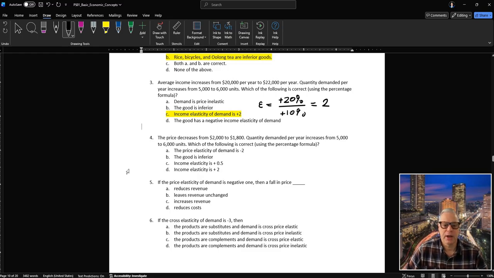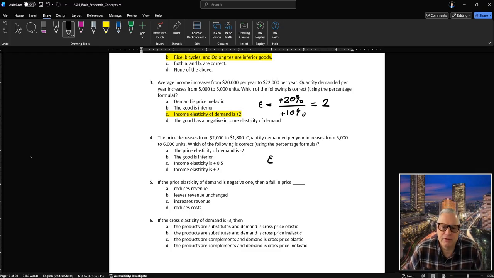So now the price decreases from 2,000 to 1,800, which is a 10% decrease, and quantity demanded increases from 5,000 to 6,000, which is an increase in quantity demanded by 20%. Which of the following is correct?